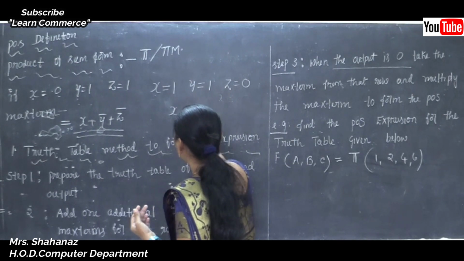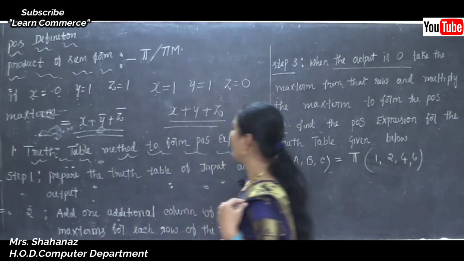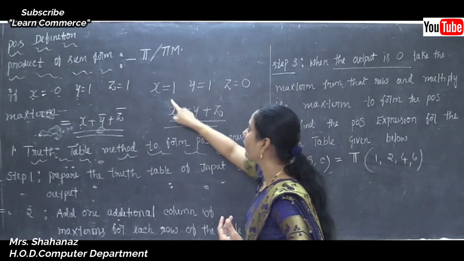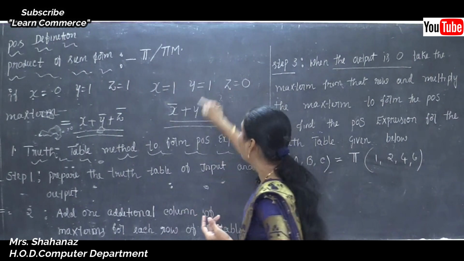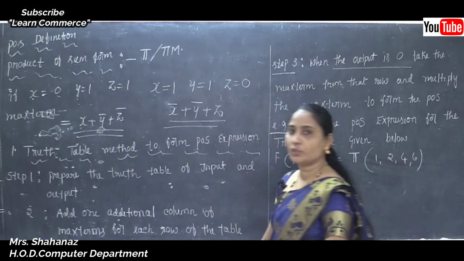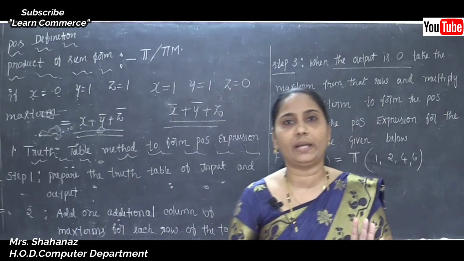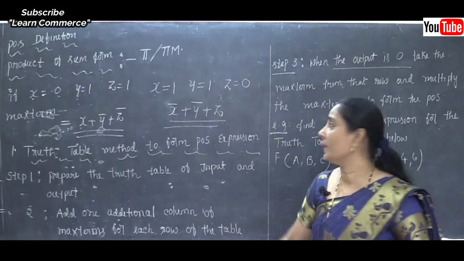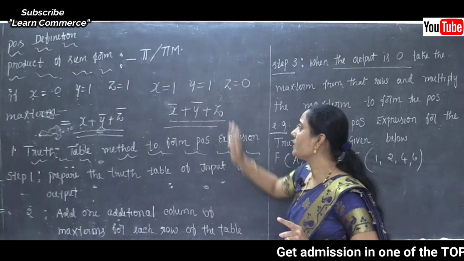First I write x plus y plus z, and that is not the final result. We know that for x equal to 1, we need to use the complementation. For y equal to 1, we need to use the complementation, but z equal to 0, so no complementation. So the result is the complement of x plus complement of y plus z.